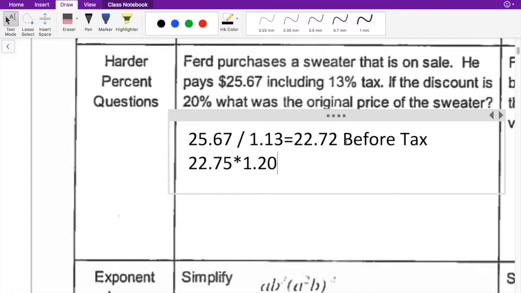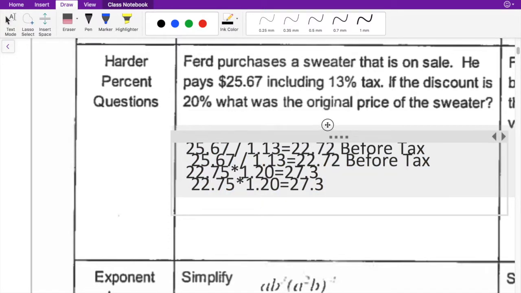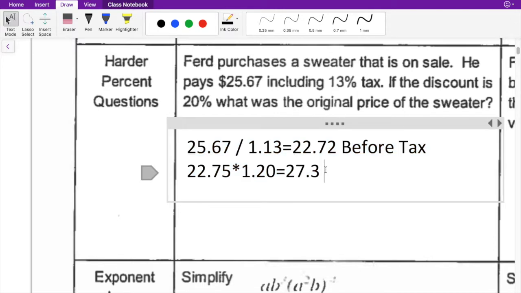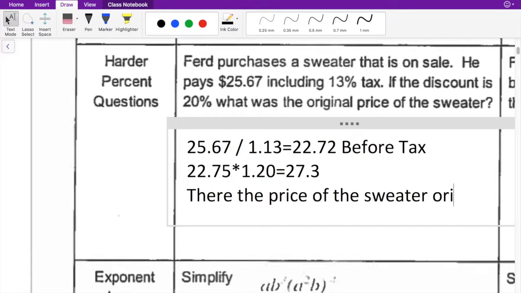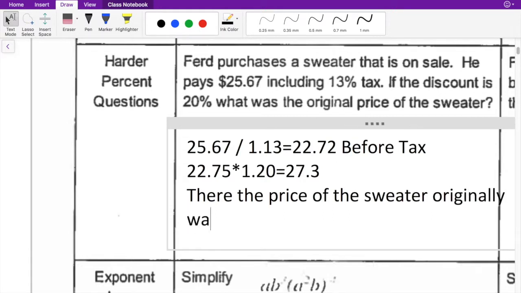So as in 20% discount plus the original price. And this will give us the price before the discount was put on. So that means the original price of the sweater was $27.30. Therefore, the price of the sweater was $27.30.